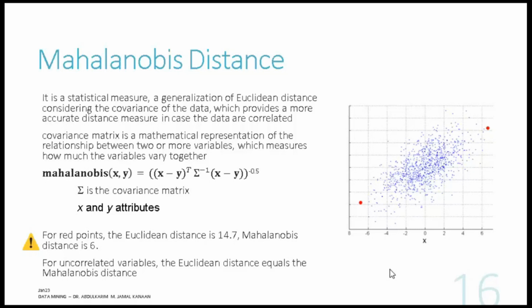This is the equation for Mahalanobis. Mahalanobis is good when there's a correlation, let's say between feature X and feature Y. If there is a correlation between them, that means as you increase the value of one feature, the values of the second feature are also going to increase.